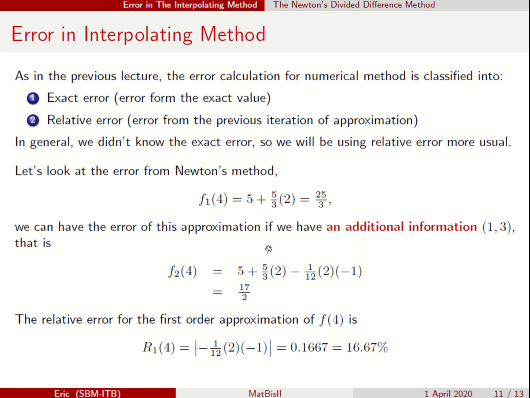So the error is given by the difference between f2 and f1 at 4. That is this term, because this term still remains. Okay, so the relative error for the first order approximation is just the second order minus the first order.